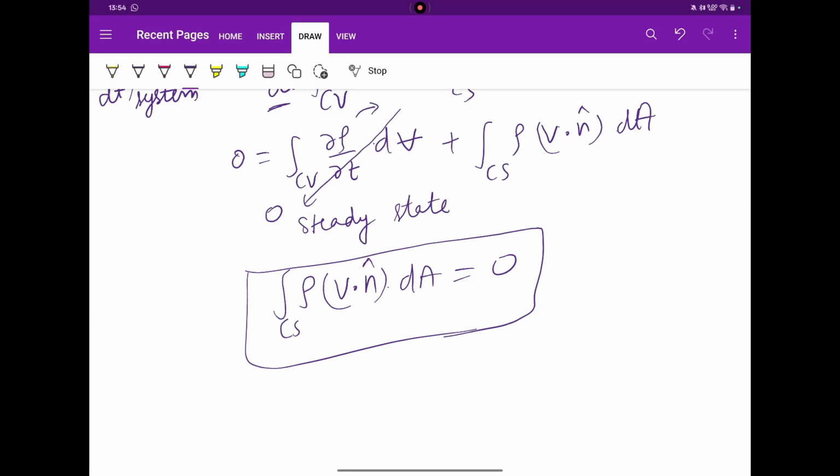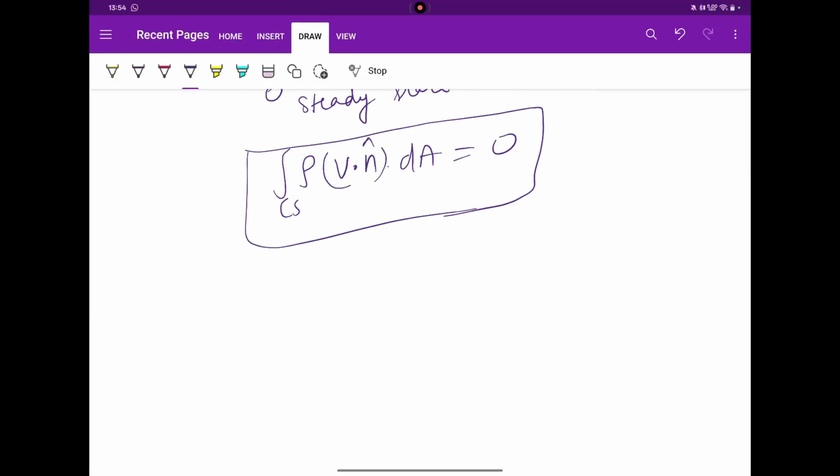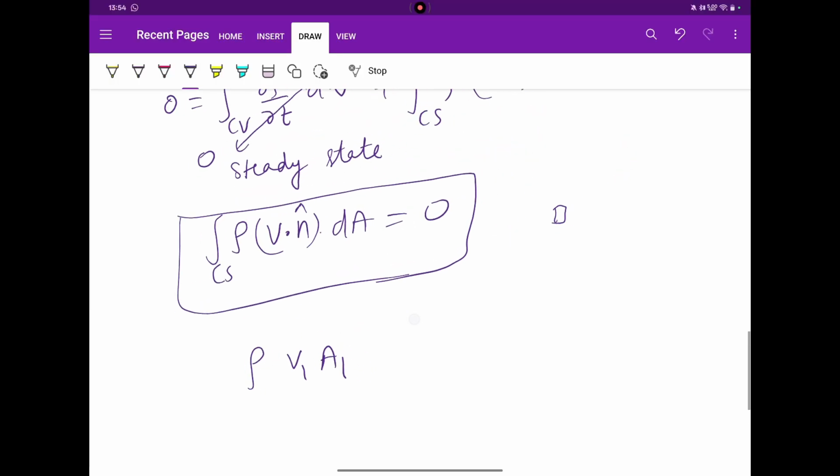Now if you can simplify, let's say for pipe flow, at the inlet velocity is v1 and area is a1. And you integrate, right? dA is a small area, when you integrate you'll find the complete area. So let me erase this. Before I remove the integration, we have to consider that the fluid is incompressible.